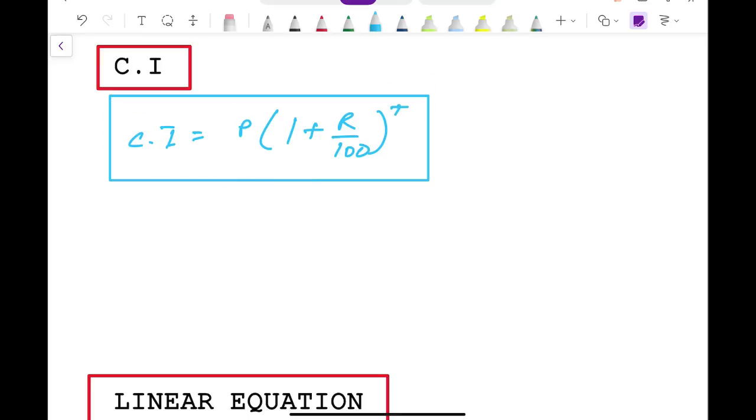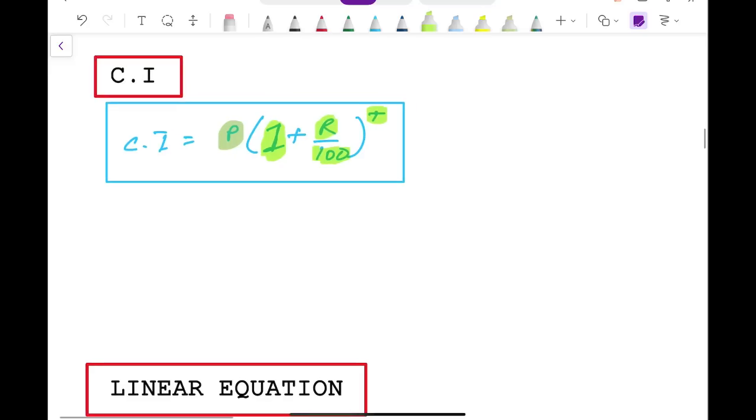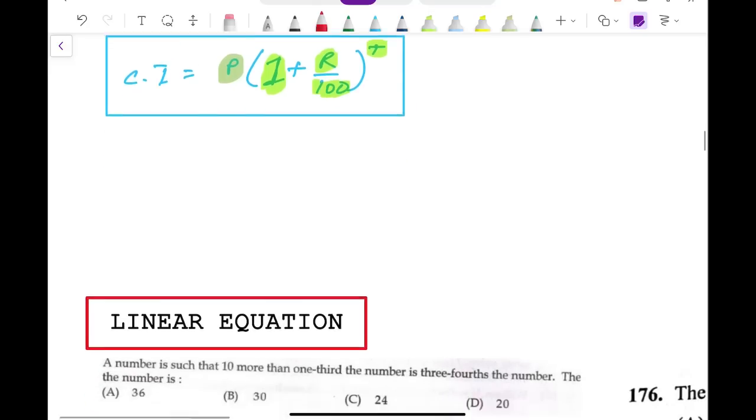This is the amount that you are lending out, this one is 1 plus rate divided by 100, and this is time, how long, okay? So using this formula you can find the compound interest also directly, okay? I won't do any question based on that.